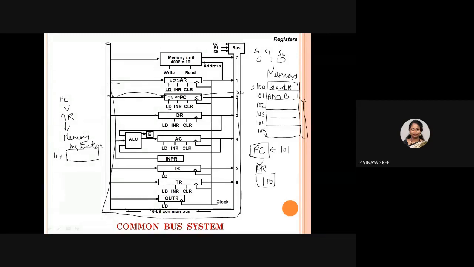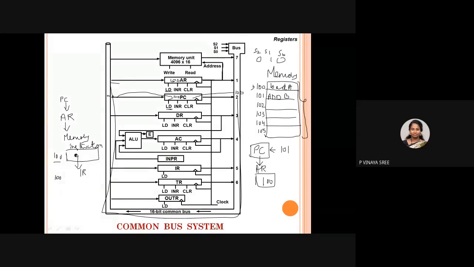Now it is clear. Now the address register is ready, which means the processor has to execute the instruction present at address 100. So this instruction has to be fetched, and the fetched instruction must be placed in IR, the instruction register. For that, we have a direct connection.